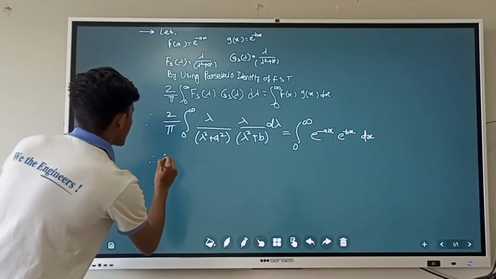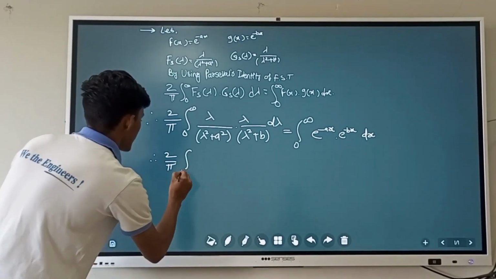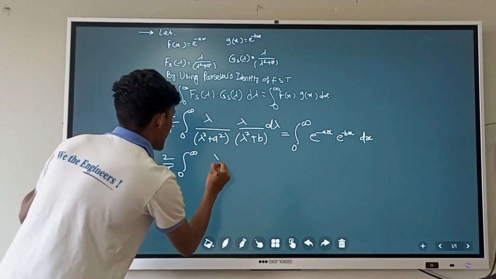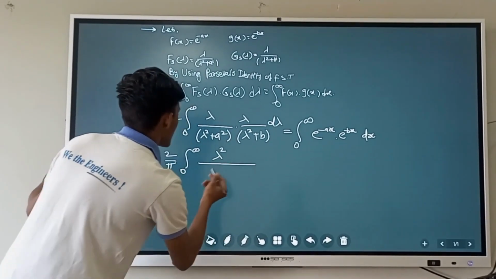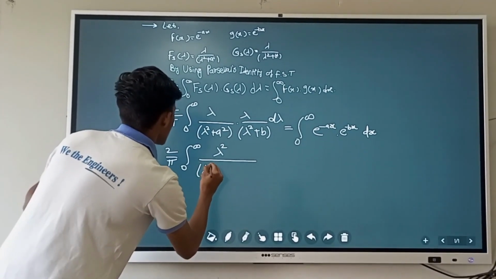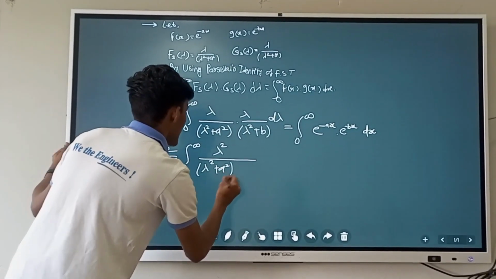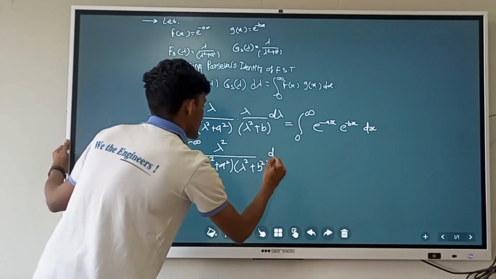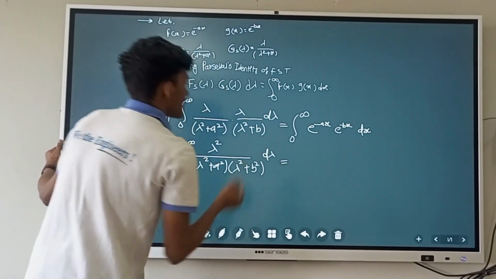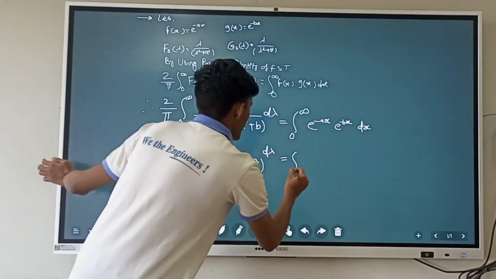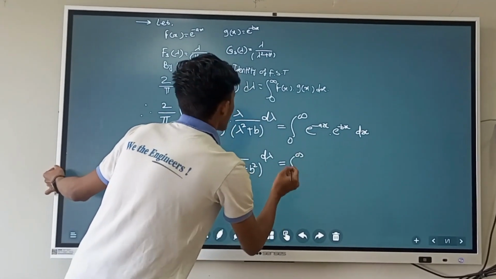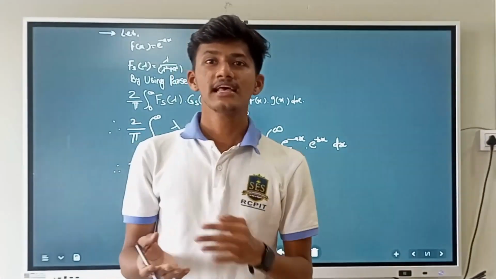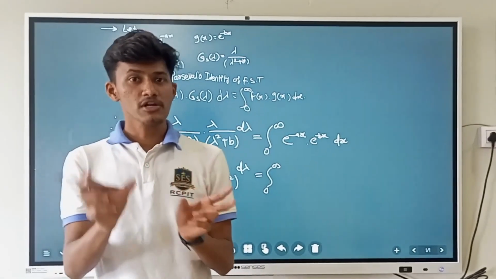So it will become 2 upon pi, integration varies from 0 to infinity. We will multiply these two functions as lambda square upon (lambda square plus a square) and (lambda square plus b square) with respect to d lambda, equal to integration from 0 to infinity. As we know the property of exponential functions, we can add the powers of two exponential functions.